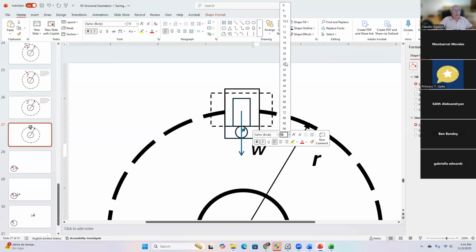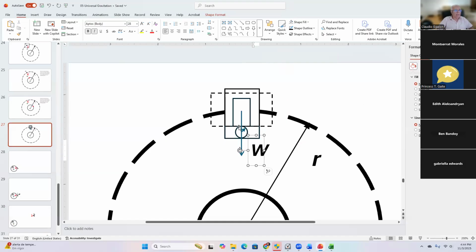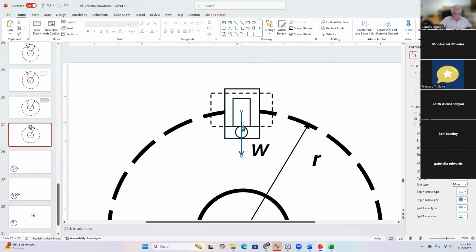Get this a little bit larger, right? That's the weight. But then we are supposed to have another force applied to our astronaut, right? This force is going to be the normal.